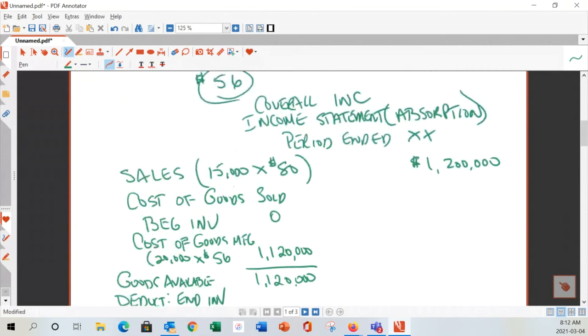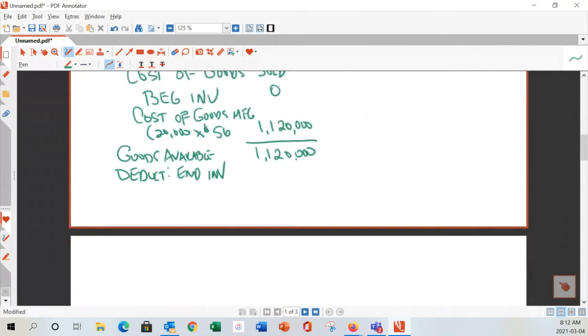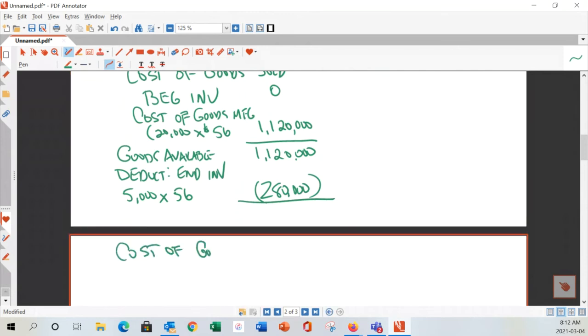Okay, so we produced 20, we sold 15, so we've got 5,000 units at $56. 280,000. And so we get a cost of goods sold: 1,120,000 minus the 280, and we get 840,000.